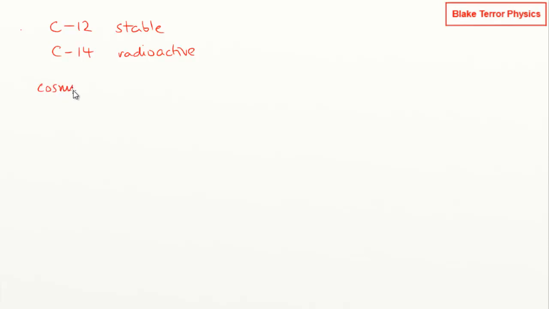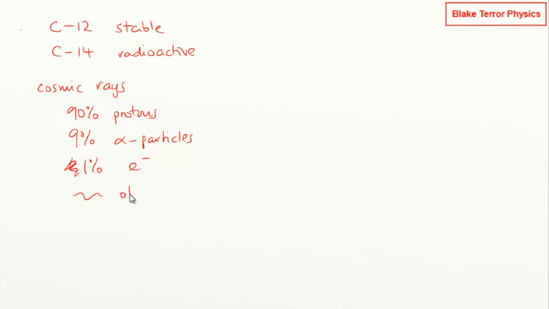If you've got cosmic rays, then you're looking at maybe 90% protons, say 9% alpha particles, and then you've got other things. I suppose you've got electrons, maybe 1% electrons, and then you've got a few other bits. I know that adds up to 100%, but you've still got a few other things kicking around. But mostly we're talking about protons here with cosmic rays.